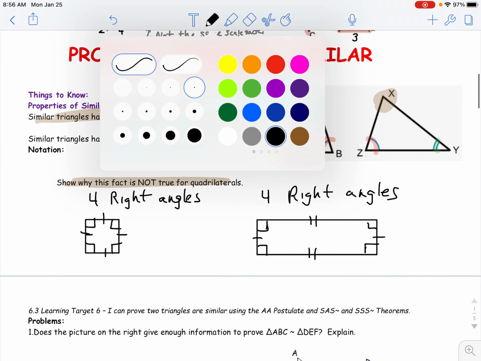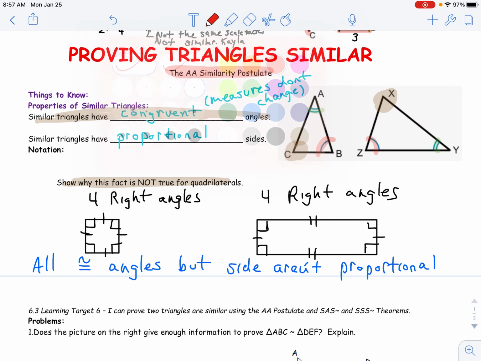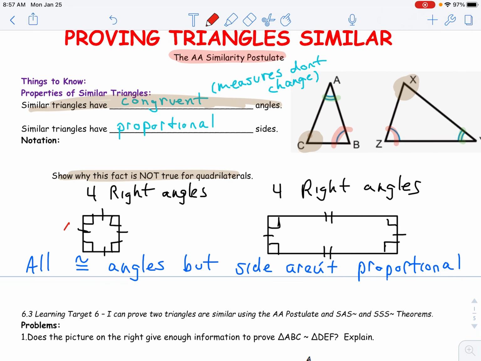So this fact is not true for quadrilaterals, because in this case right here, we got all congruent angles, but sides aren't proportional. And again, we could even pick simple numbers to illustrate this point.